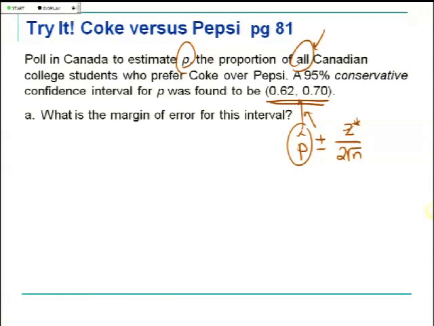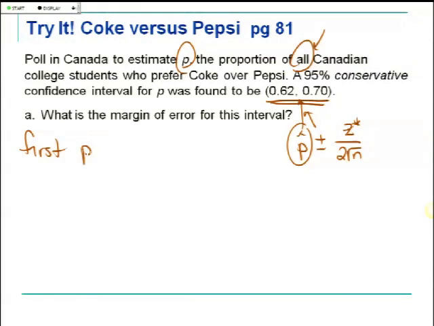So p hat has to be that midpoint of that interval. And then the margin of error, if I were to try to calculate it with the formula, I wouldn't get very far because I don't know the sample size. But I would be able to get it from that interval because the margin of error is what you went out each way. So your interval is actually like the full width, which is twice the margin of error. All right, so the midpoint here is going to be what?